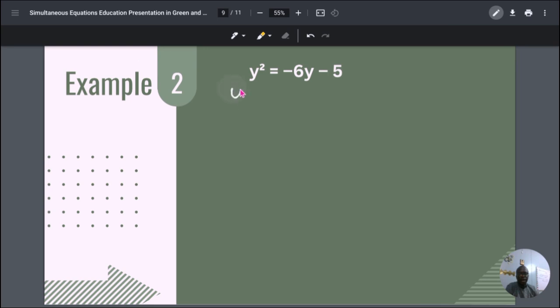This is y squared. So first and foremost, minus 6y leaves this place to the other side, becomes plus 6y. That's the first one. And then the next one here is minus 5. If it leaves this place and goes to the other side, it becomes what? Plus 5. You see what I did there?